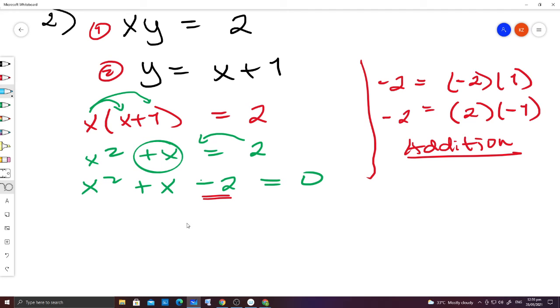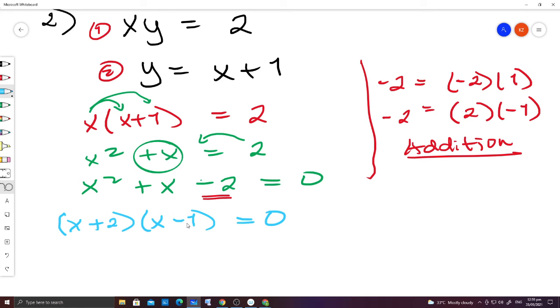Okay, so can you still remember now what is the factor of this equation? x plus 2, x minus 1, equals 0.